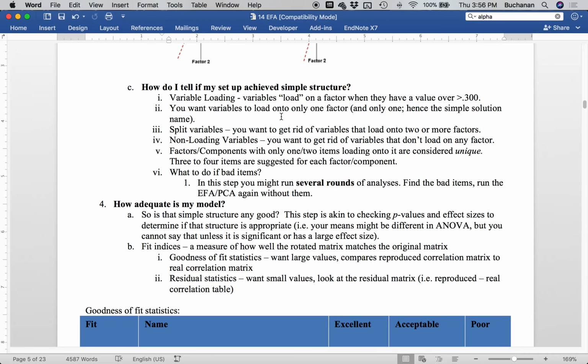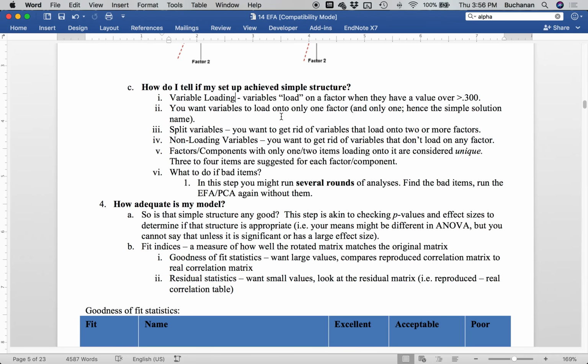So the simple part of this is that we want them to load on one and only one. That's where the name simple solution comes from. We'll actually eliminate questions that split loadings, where they load on multiple factors, or don't load on any particular factor. We would consider those bad items, because we want them to be on one and only one.